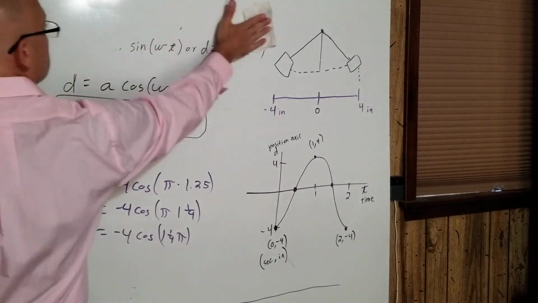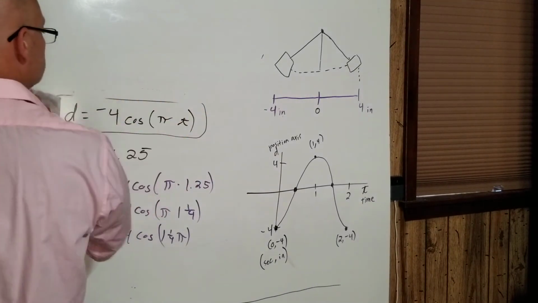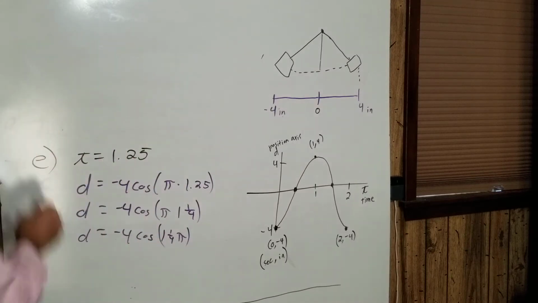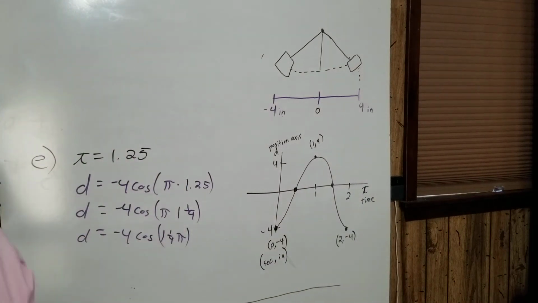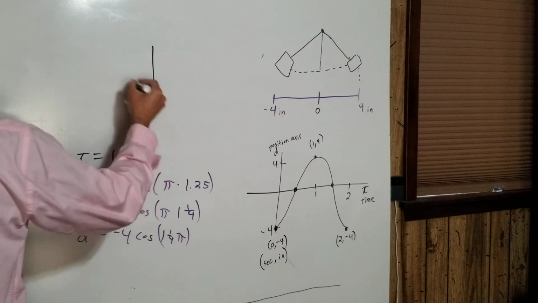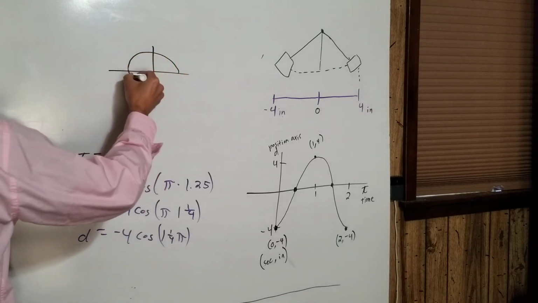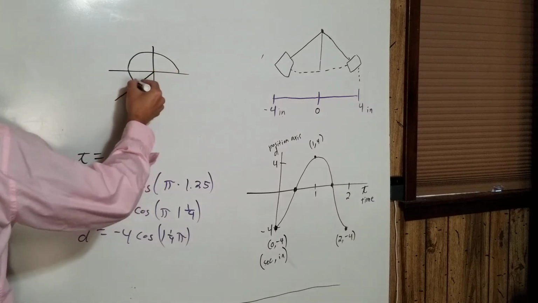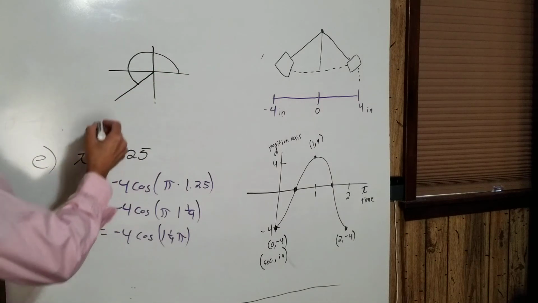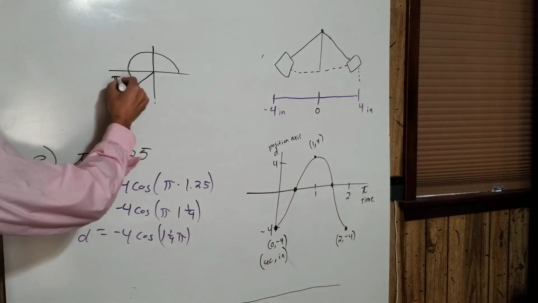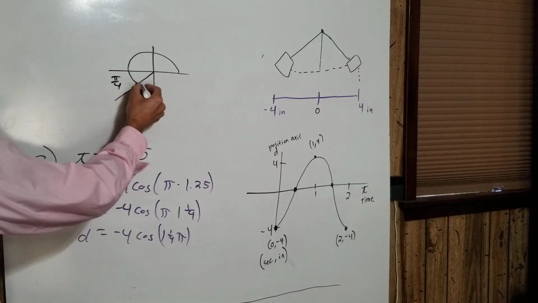Well, time to think about your unit circle again. If you think about your unit circle, here's your unit circle. 1 pi is here. 1/4 more of a pi is right there. So that's at a reference angle of pi over 4, right?